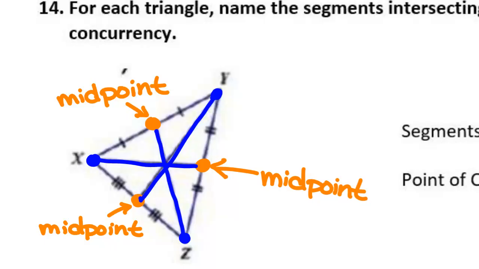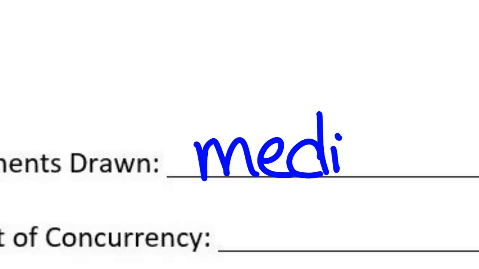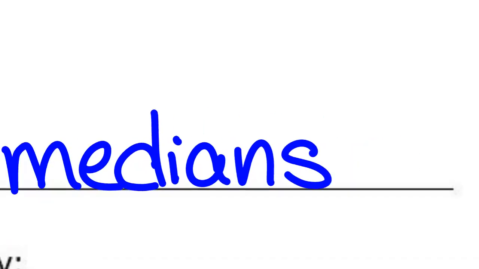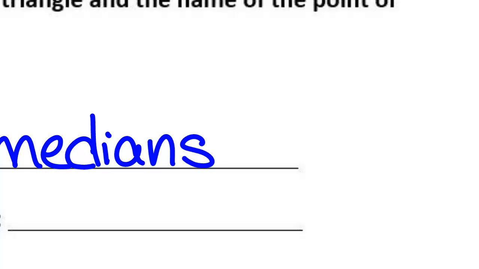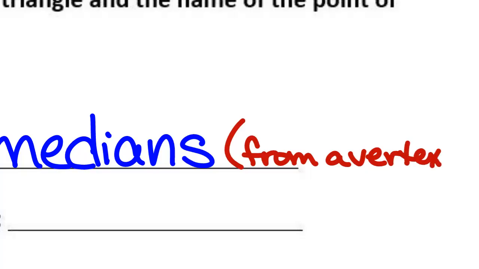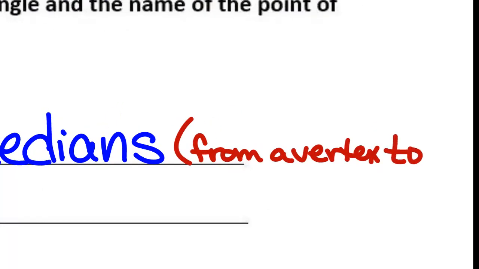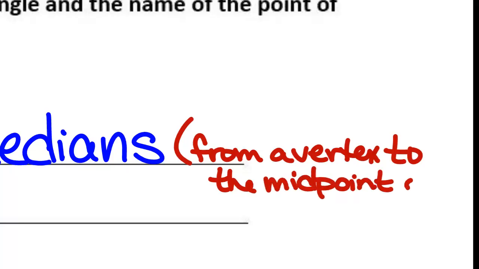What do we call segments that go from a vertex to a midpoint? Did this on the first question. Those are medians. Medians go from a vertex to the midpoint of the opposite side.